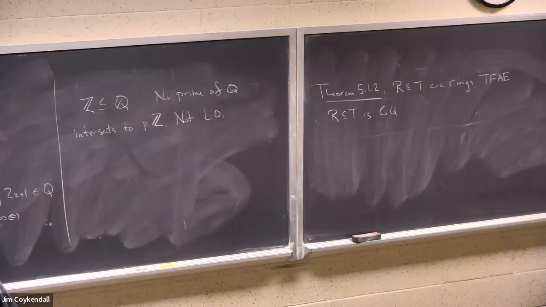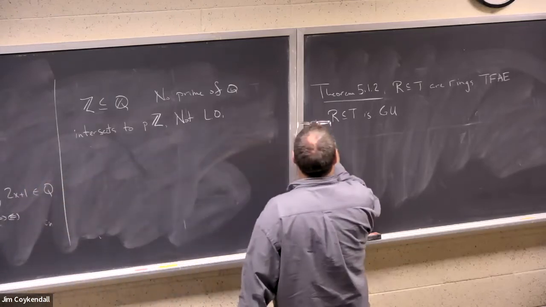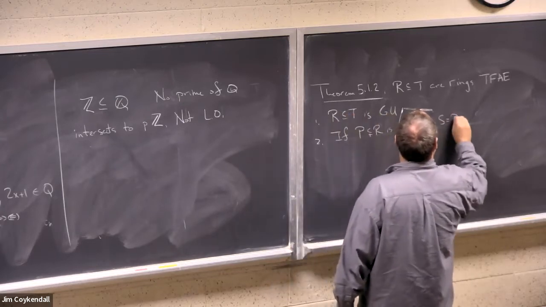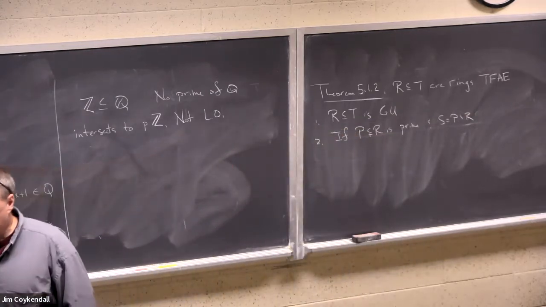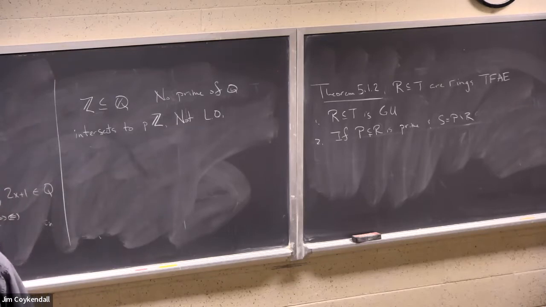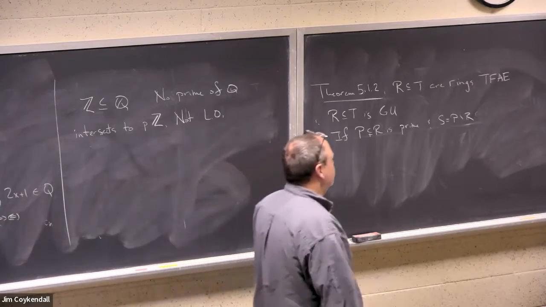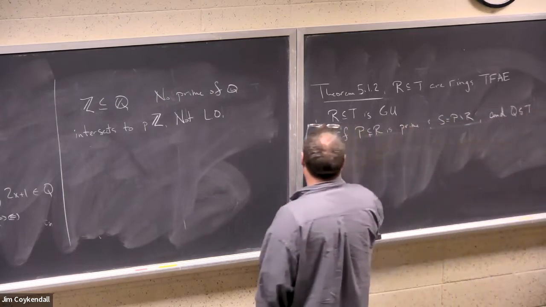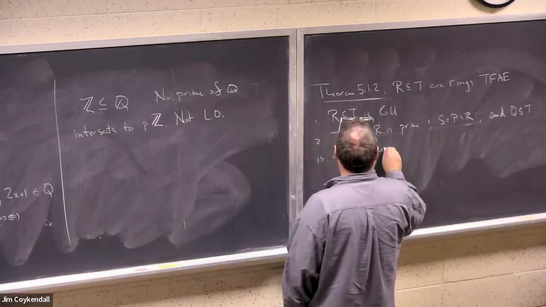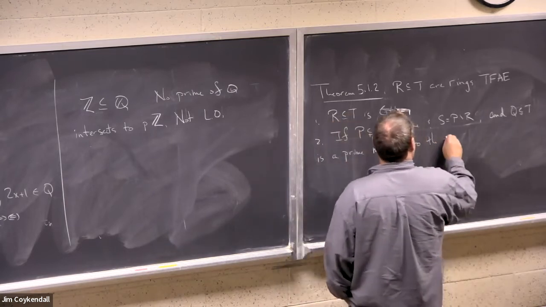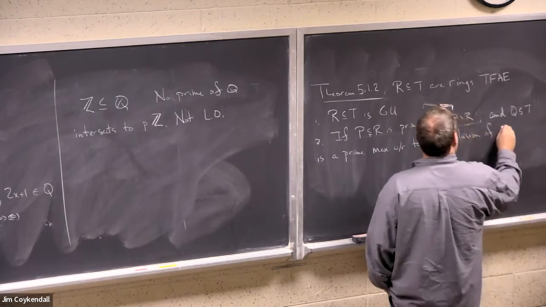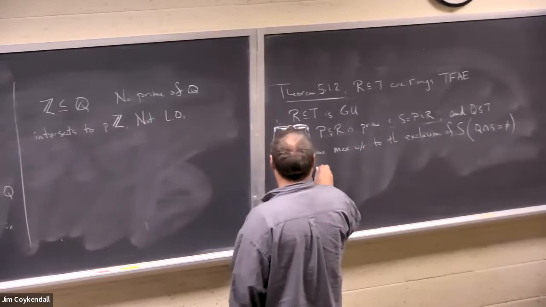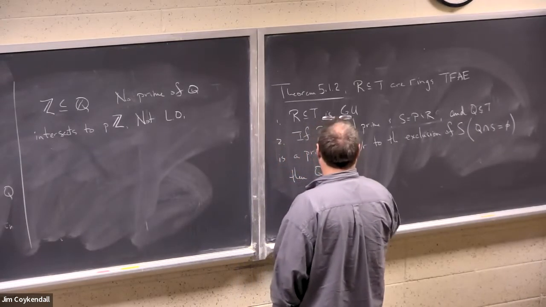And 2, if P is a prime ideal of R, and S is its complement, and Q is a prime ideal of T that is maximal with respect to the exclusion of S, then its intersection downstairs is precisely P. And Q in T is a prime maximal with respect to the exclusion of S. And just to be clear, I mean by that, of course, Q intersect S is empty, and then Q intersect R.